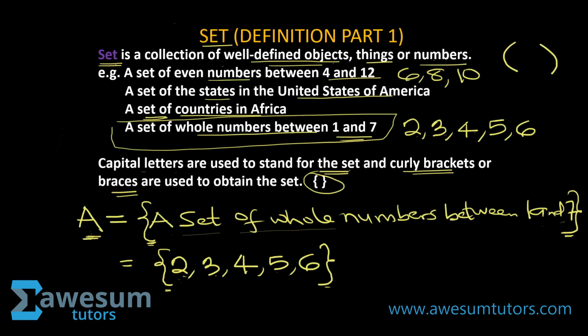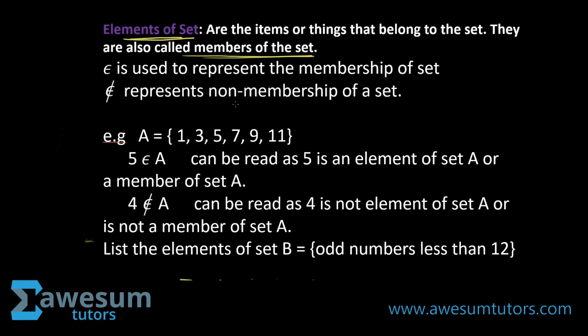So if you look at this example right here, these numbers 2, 3, 4, 5, and 6 belong to this set A. That means if you are asked what are the elements of set A, you can say 2 is an element of set A, 3 is an element of set A, 4, 5, and 6 are elements of set A, because we defined right here that elements of a set are the items or things that belong to the set. Okay, we are going to look at another example pretty soon.